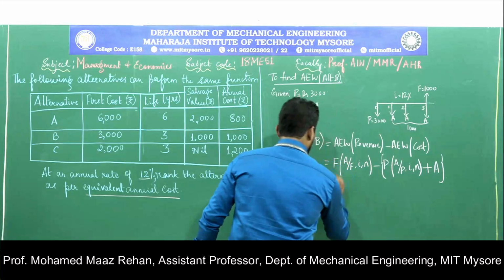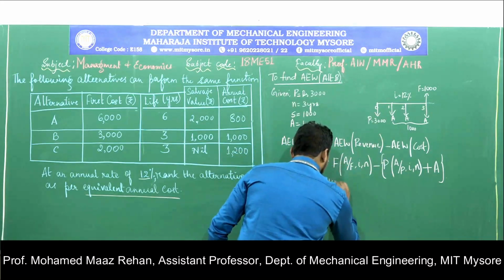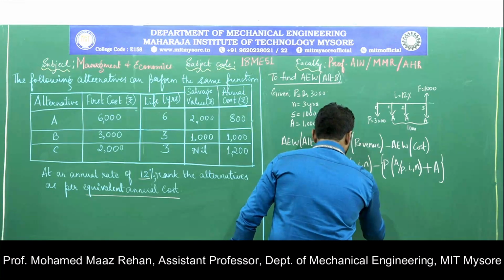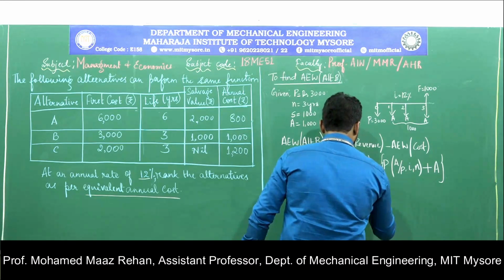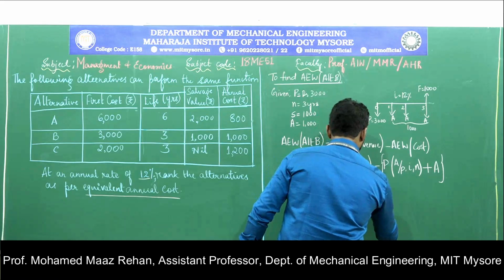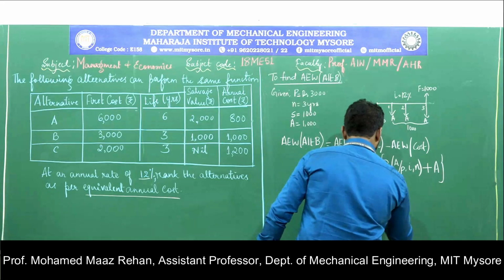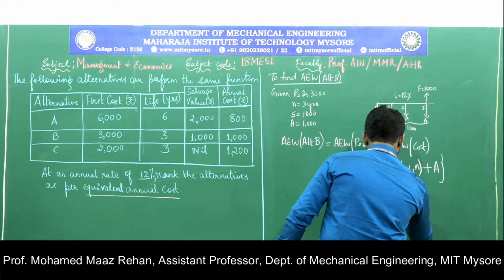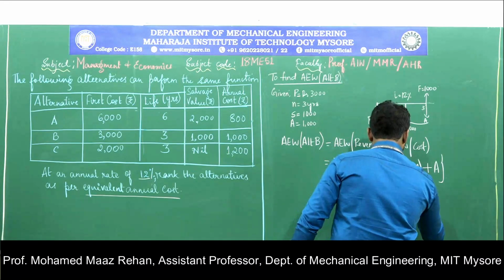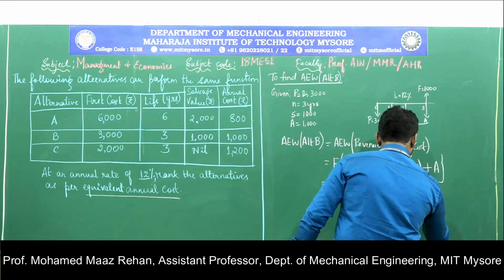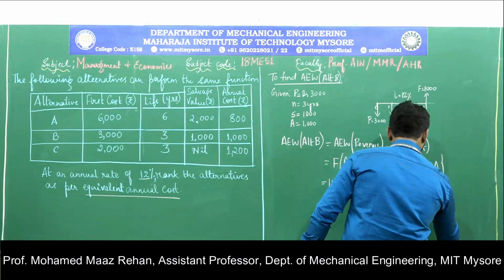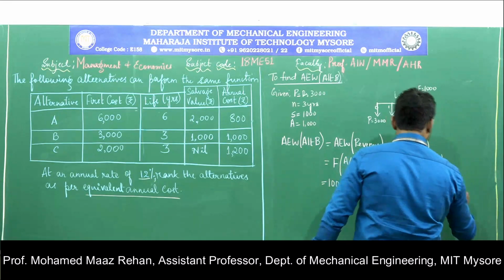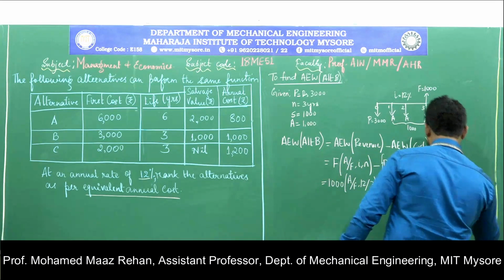If you just substitute, F is given as 1000: A bar F, I 12%, N is 3, minus P 3000, A bar P, I 12%, N 3, minus A they have given as 1000.